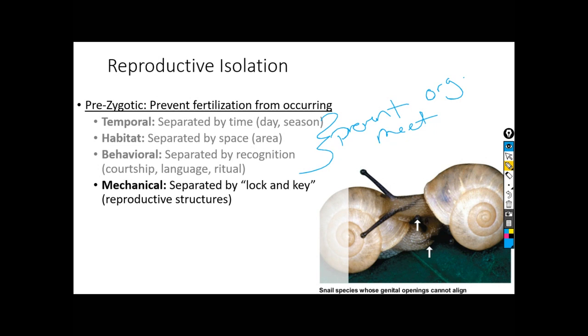This is what we're going with my very classy lock and key analogy. Because there's no fit, they literally don't fit together, you can't actually pass on the sperm to the female. So one more layer of protection.